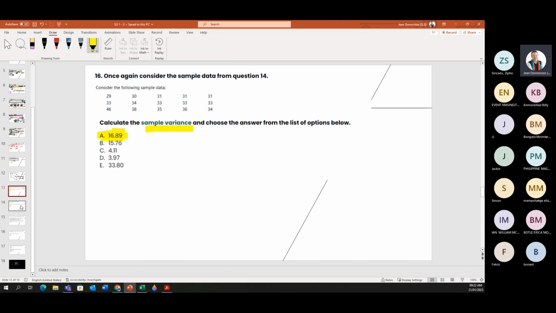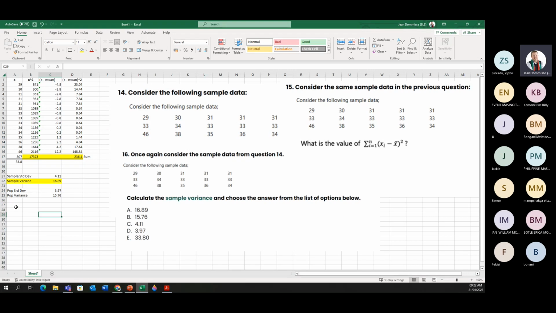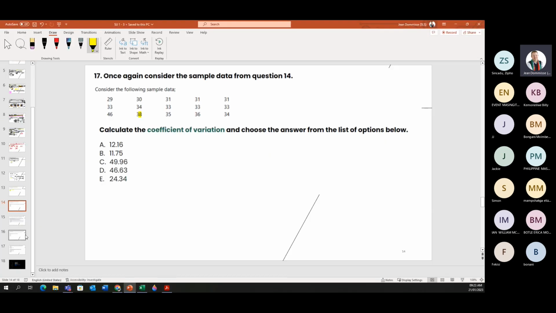So sample variance is where it would be interesting if I haven't seen coefficient of variation. So we don't have coefficient of variation in one of the sets, but let's see again quickly. It is the same data.